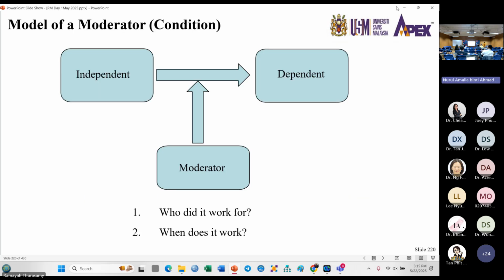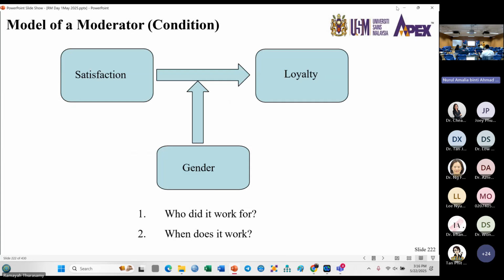So this is how we draw the moderator, independent and dependent. With a moderator, we are trying to answer two questions: who does it work for, and when does it work? The difference is that this is a categorical moderator and this is a continuous moderator. So your moderator can be categorical or continuous. In the first one, gender is a moderator.